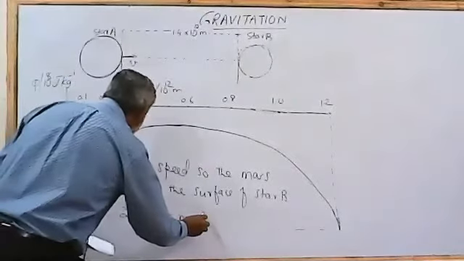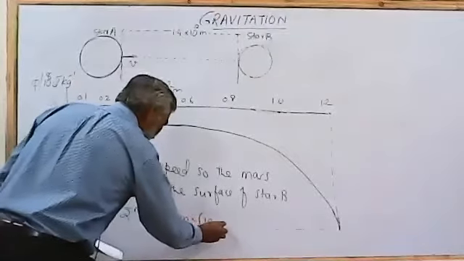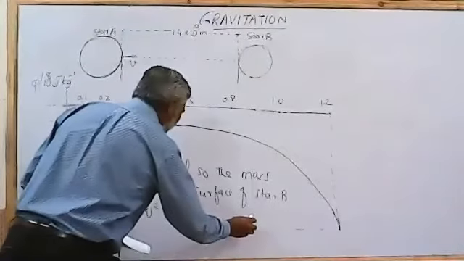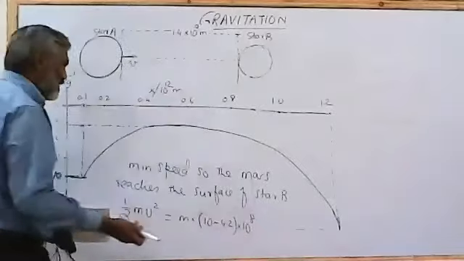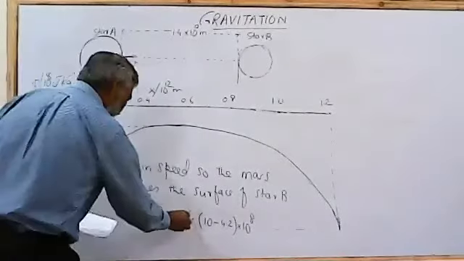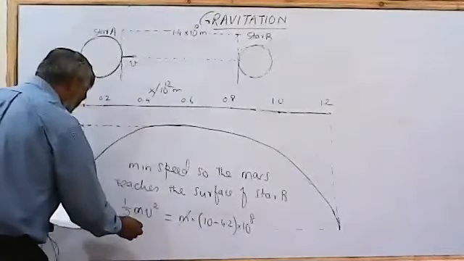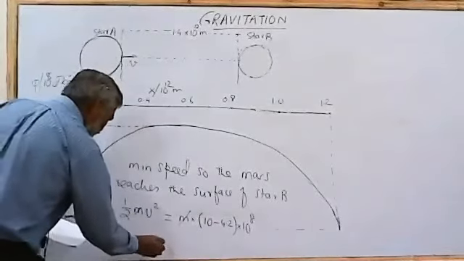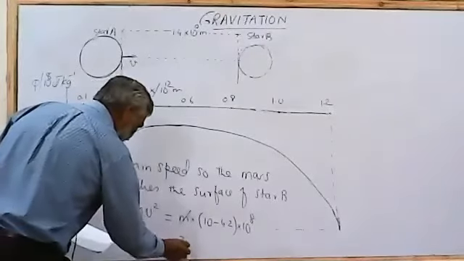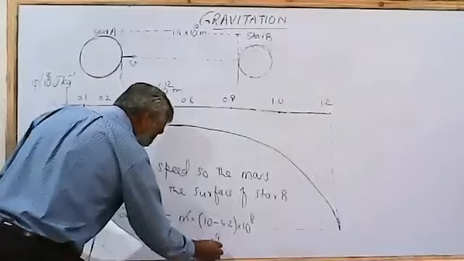So let's say it is 4.2. So 10 minus 4.2 into 10 to the power 8. And this is the equation that will give us that speed. So m will get cancelled from the two sides. And after you simplify it, this is probably close to 3 into 10 to the power 4 meter per second.